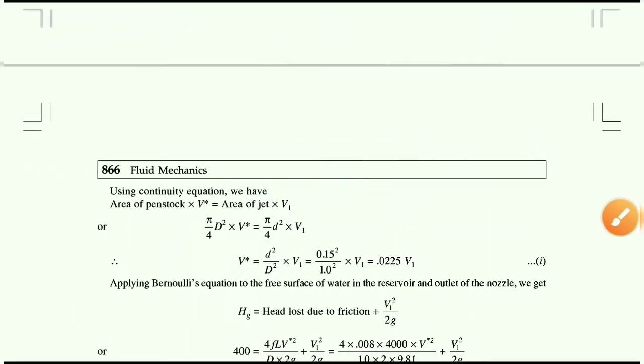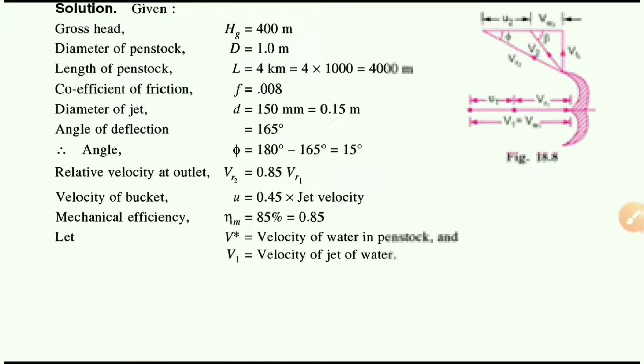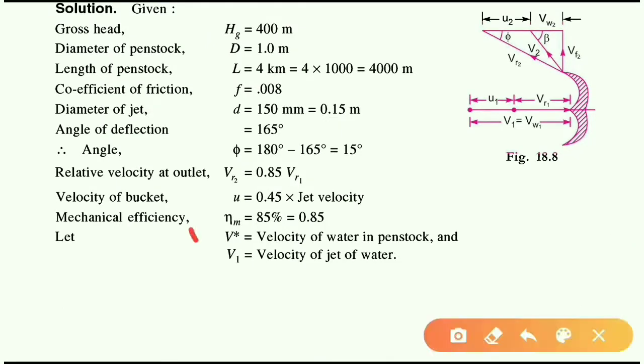So what is given in the problem? The diameter of the penstock is given. So we will consider V star as the velocity of the water in the penstock. So we can calculate the discharge through this penstock. Let us assume V1 is the velocity of the jet of water.